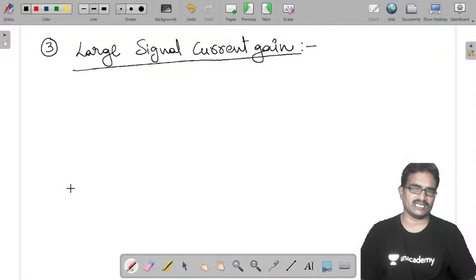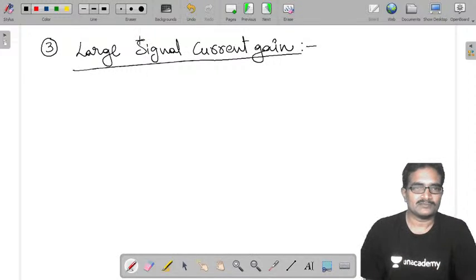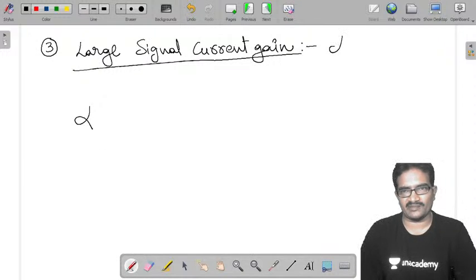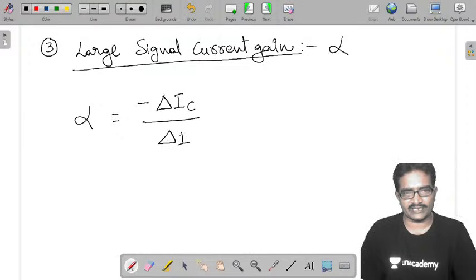So for large signal current gain, here we can write alpha is, it is represented by the parameter alpha, which is minus of change in output current by change in input current IE.